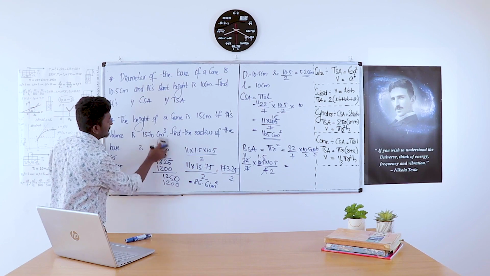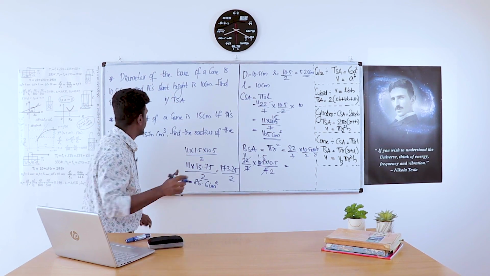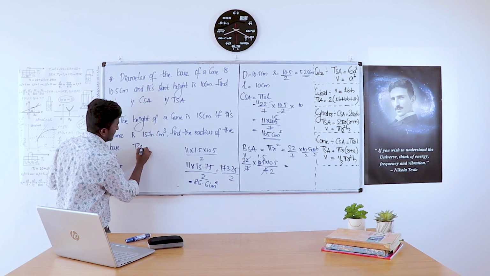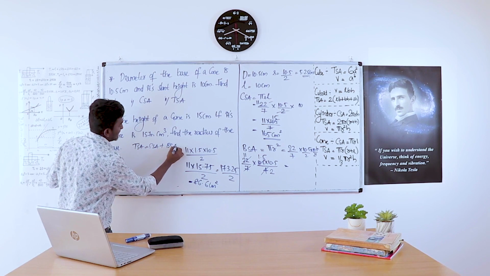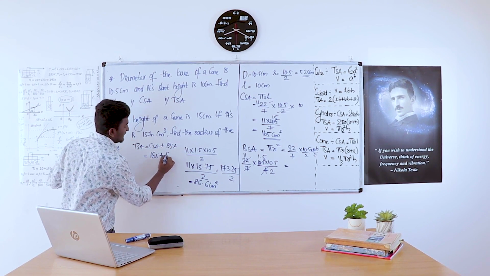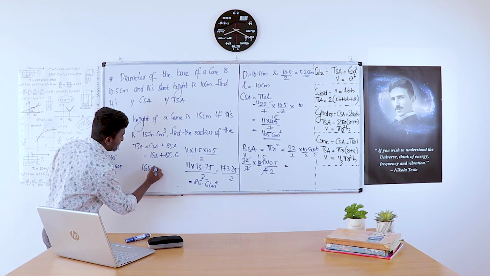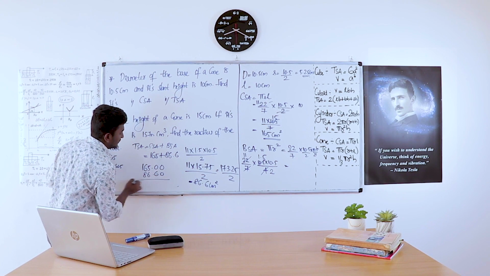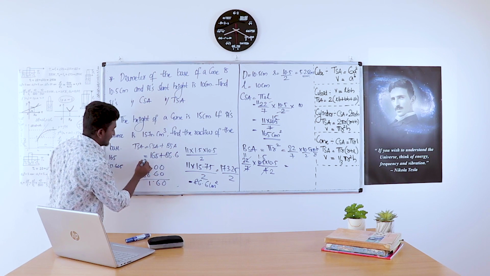So for finding total surface area, we need to add curved surface area and base surface area. So TSA is equal to curved surface area plus base surface area. What is curved surface area? It is 165 plus the base area, which is 86.6. So we need to add 165.00 plus 86.60. 5 plus 6, it is 11, remainder 1.